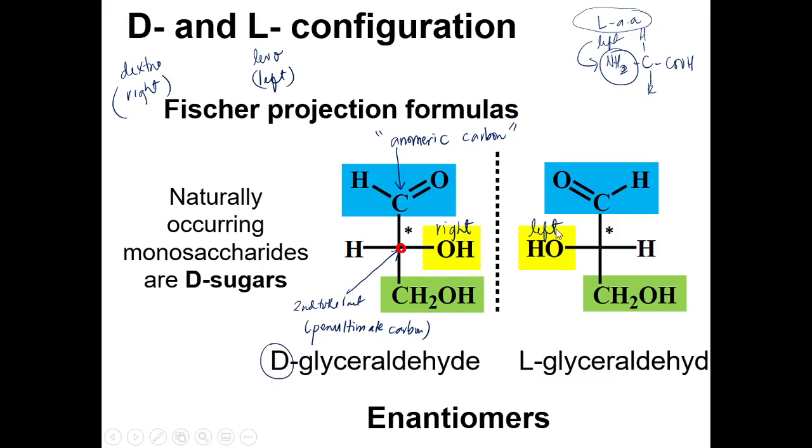Or when we have an OH group in the penultimate carbon situated on the left, then you have an L sugar. Okay? So you should remember it's the penultimate carbon, the second to the last. If this is the last carbon, then this one is your penultimate carbon. And only D sugars are naturally occurring.